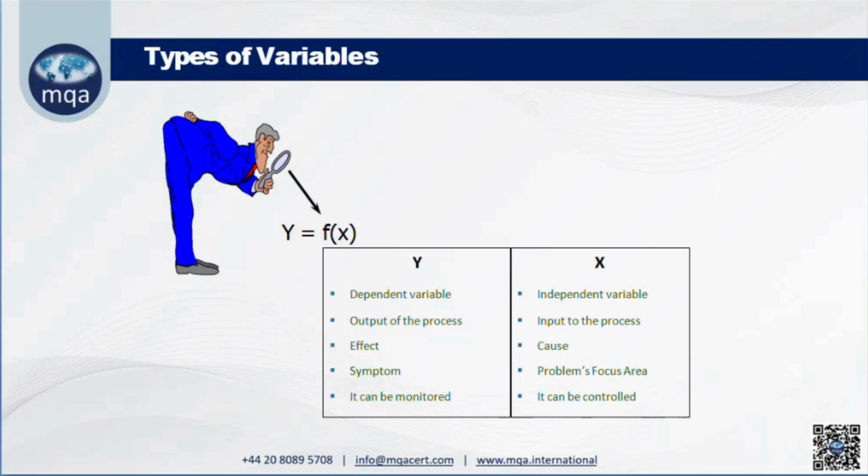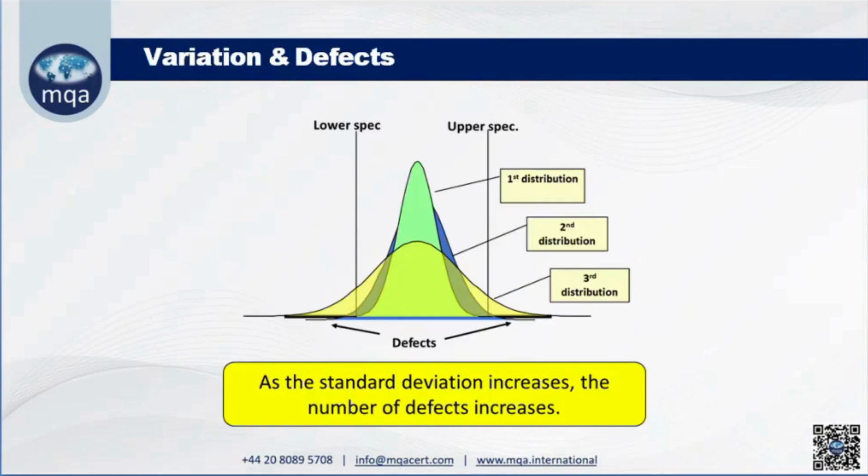Excuse me, a quick one on the previous slide. Kindly shed more light on the interpretation of this graph, especially the comment where you're saying that as the standard deviation increases, the number of defects increases.